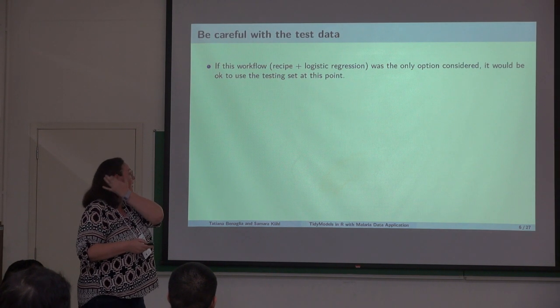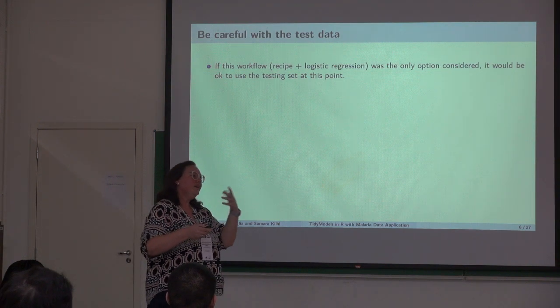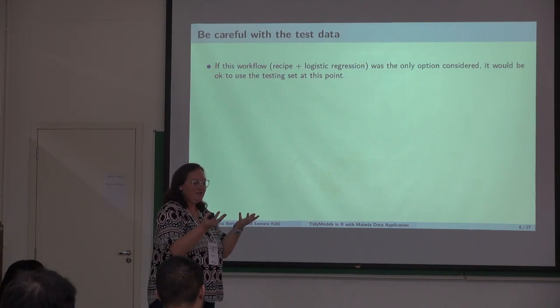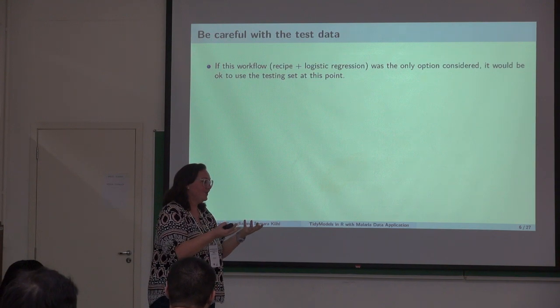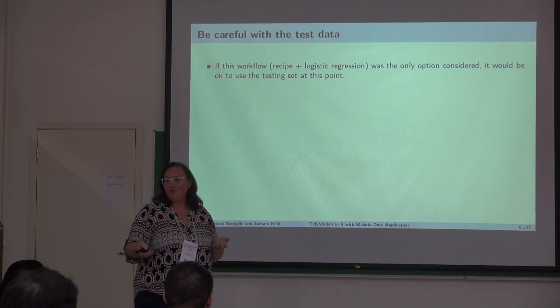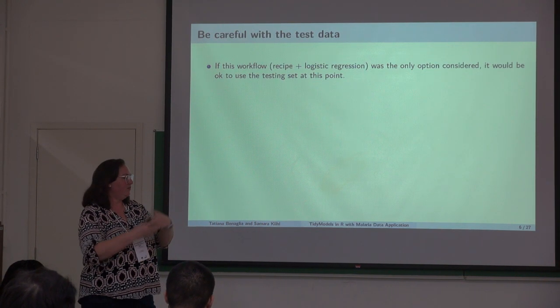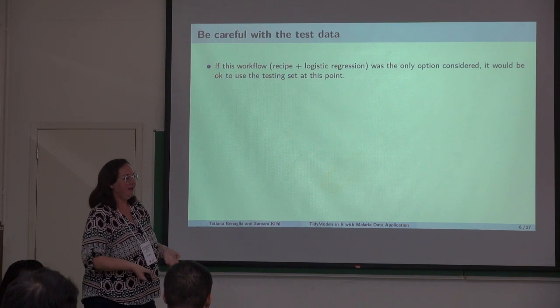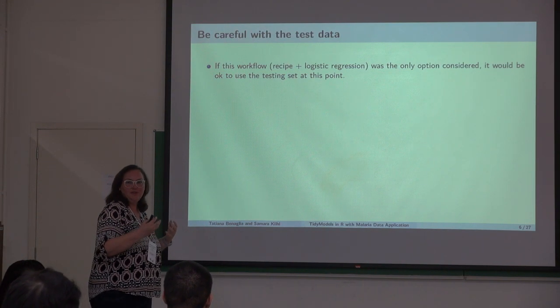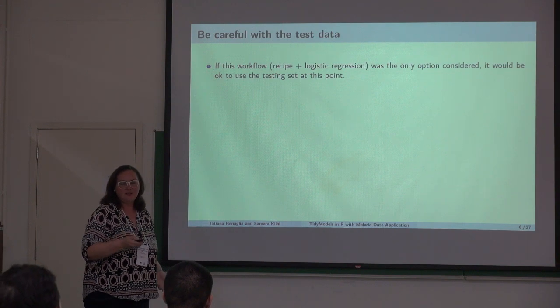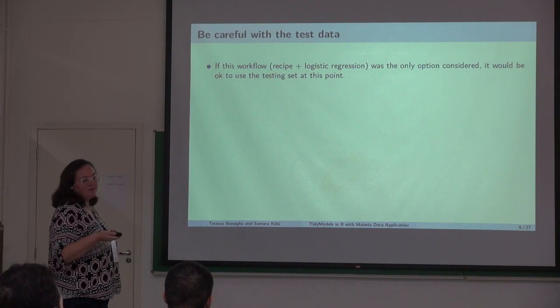Because remember the workflow, the combination of recipe and model, different workflows, we would like to test. Let's say you try a decision tree with a different preprocessing, and I do logistic regression with a different preprocessing. All these combinations, all these workflows, we would like to test.